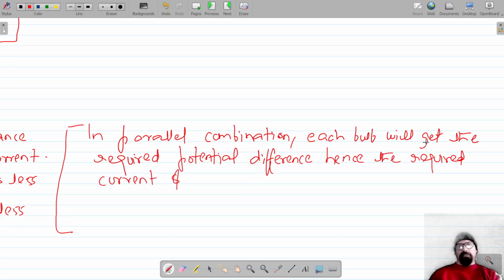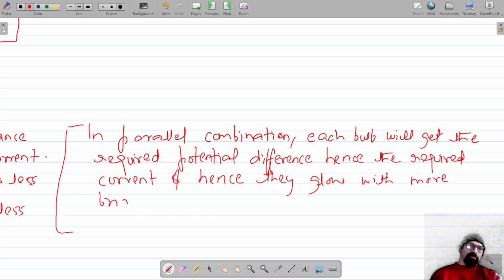So they will get the adequate current, and hence they will glow with, we cannot say more brightness, but the normal brightness. As compared to the series, it's more brightness, so they will glow with more brightness as compared to the bulbs in series combination.